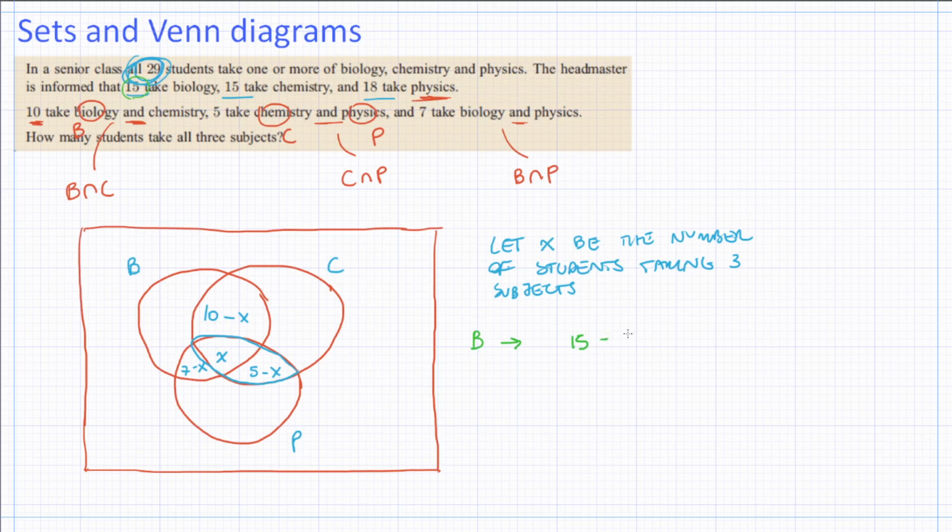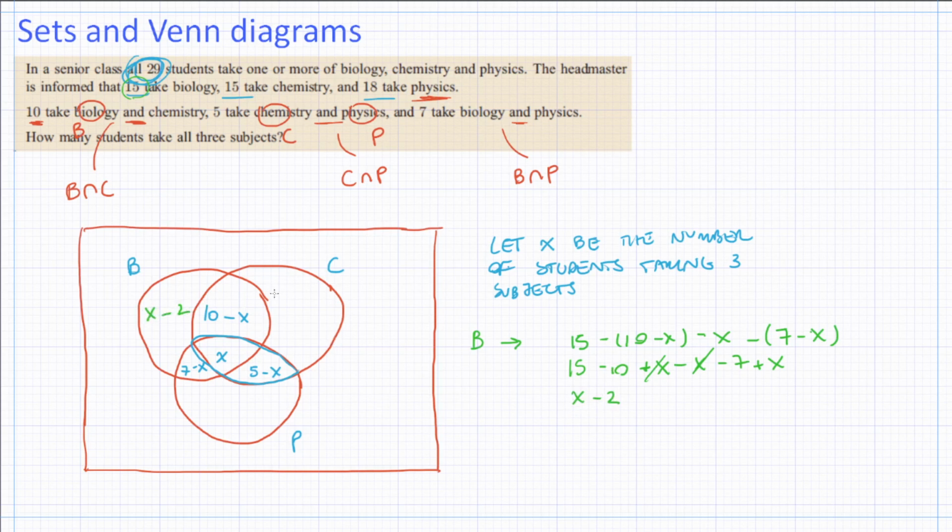If I take 10 minus x, and then I also take away x, and I also take away 7 minus x, I should have how many students do only biology. So this would be 15 minus 10 plus x minus x minus 7 plus x. We can cross out some of those x's. 15 minus 10, sorry. So that's x minus 2. So here, x minus 2.